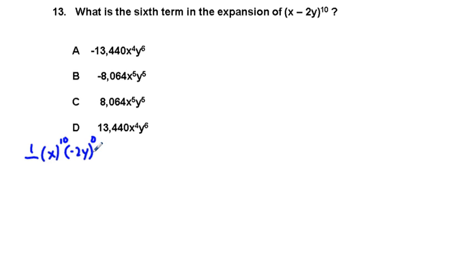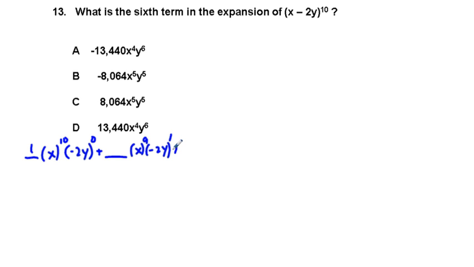So that simplifies to just x to the 10th power. The second term is going to have some space for the coefficient, and we're going to have x to the 9th power, and now this negative 2y to the first power. So that would be our second term.